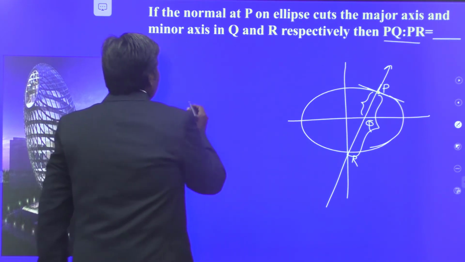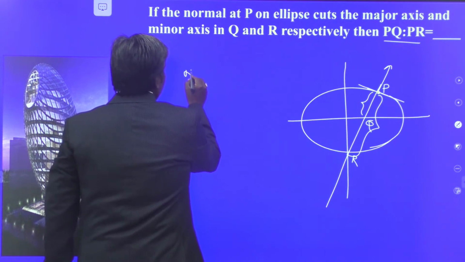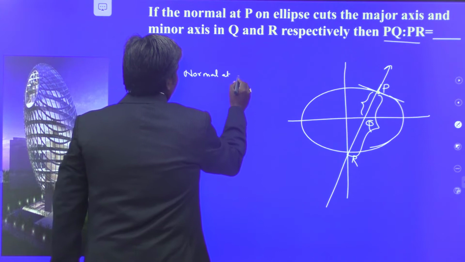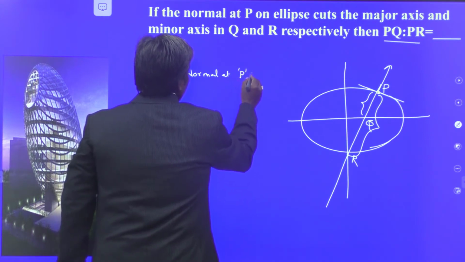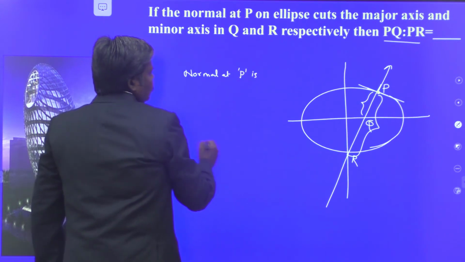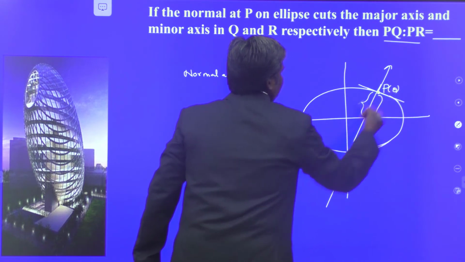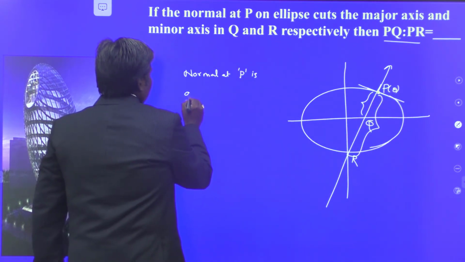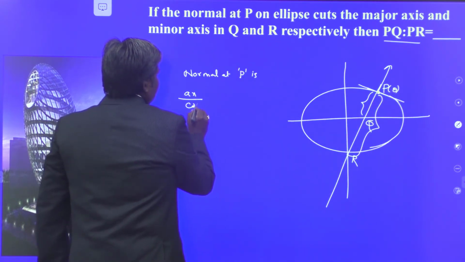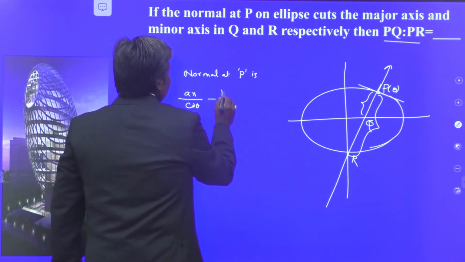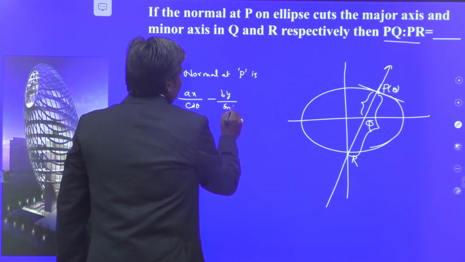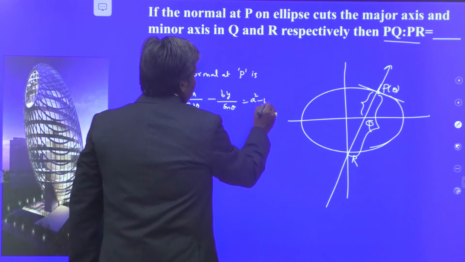So, what is the equation of normal at P? Suppose this is the point theta, then the equation of the normal is ax by cos theta minus by by sin theta is equal to a square minus b square.